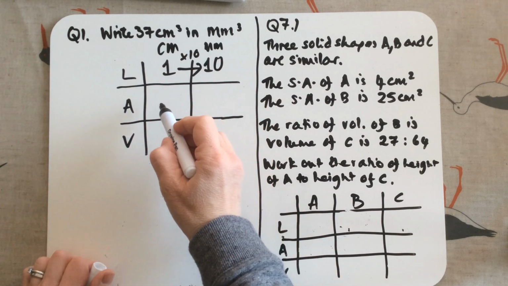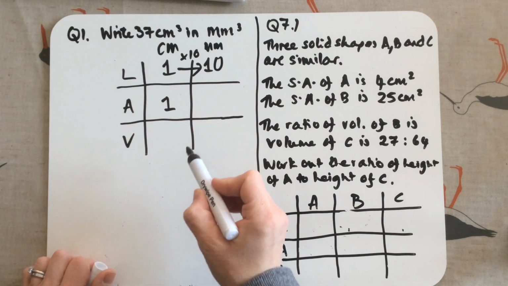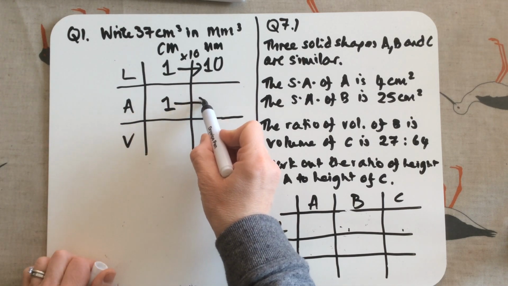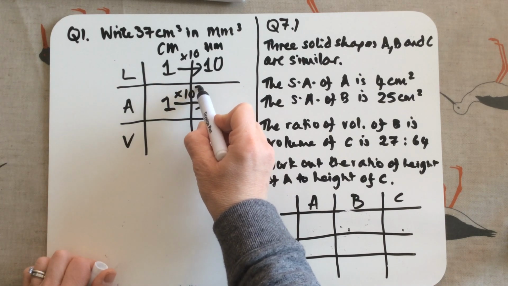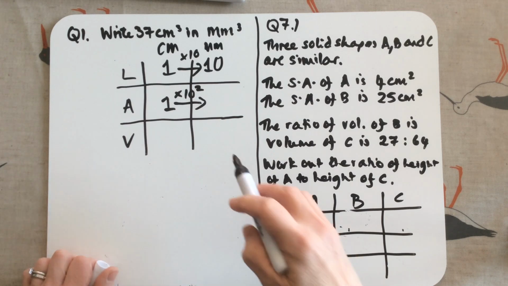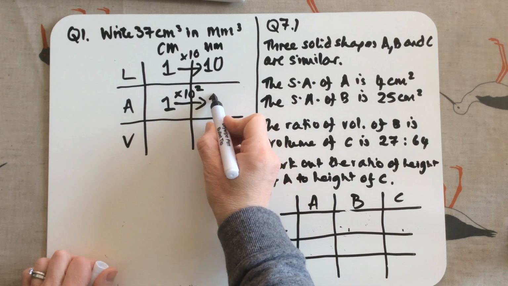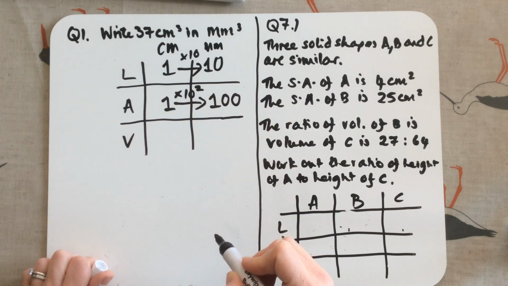So if I have 1 centimetre squared, which is the unit for area, then I need to square the conversion there. So I'm multiplying by 10 squared. So there are 100 millimetres squared in 1 centimetre squared.